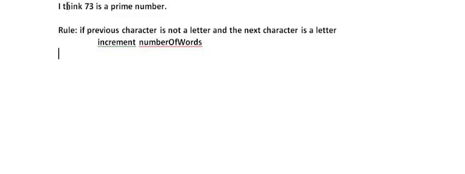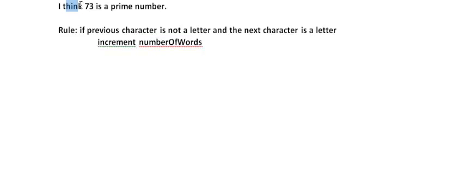Does that rule work? After we hit the T and then move on to the H, the previous character here is a letter, so this part of the condition is not going to be satisfied, so we will not increment number of words. So we will be okay with H, I, N, K. We will not be incrementing number of words while we are on any of these letters.